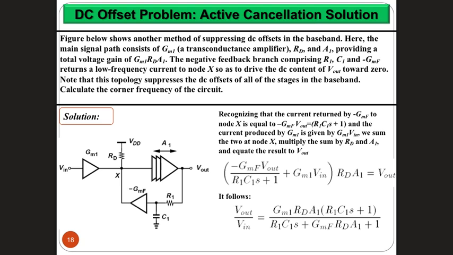The total gain of this path is the multiplication of GM1 multiplied by RD multiplied by the amplification A. GM1 multiplied by RD comes from the voltage created here, and then the next stage is multiplied by the amplification factor here. This gives you the output signal.